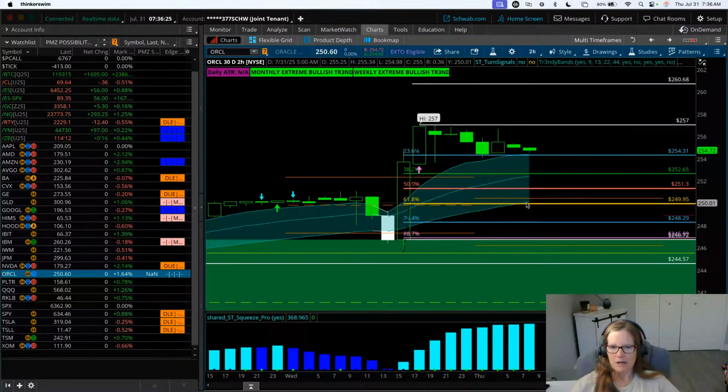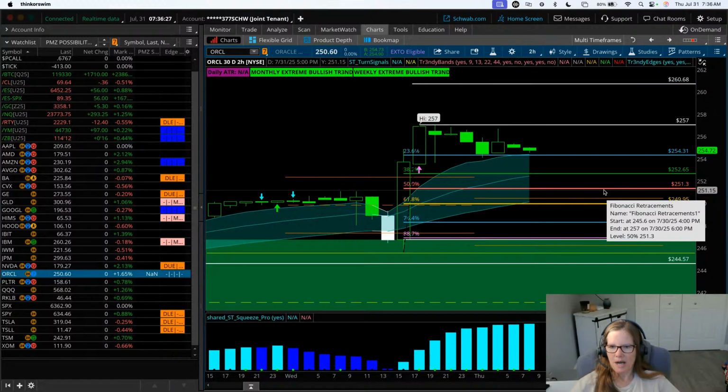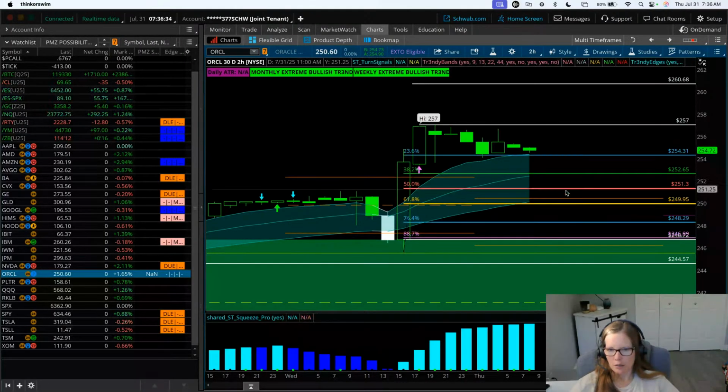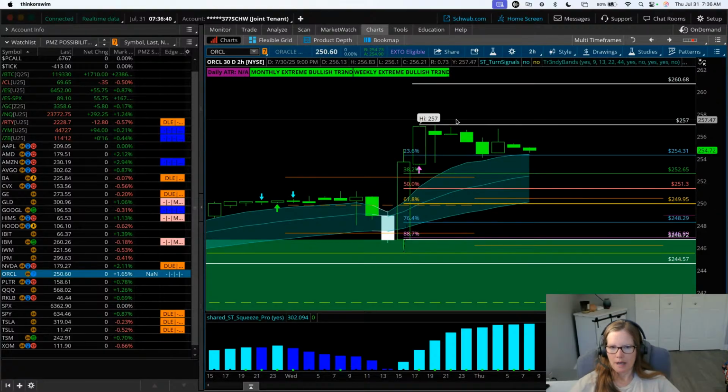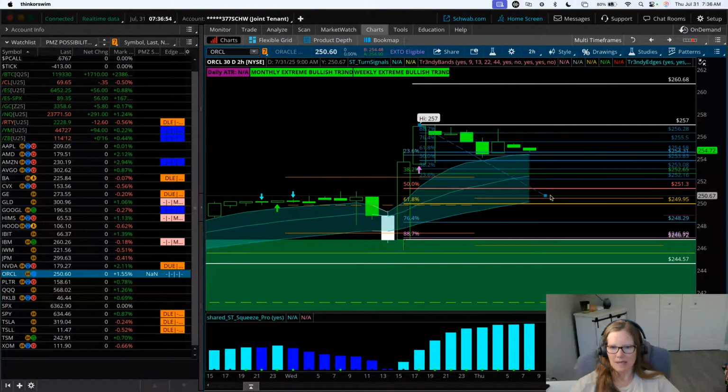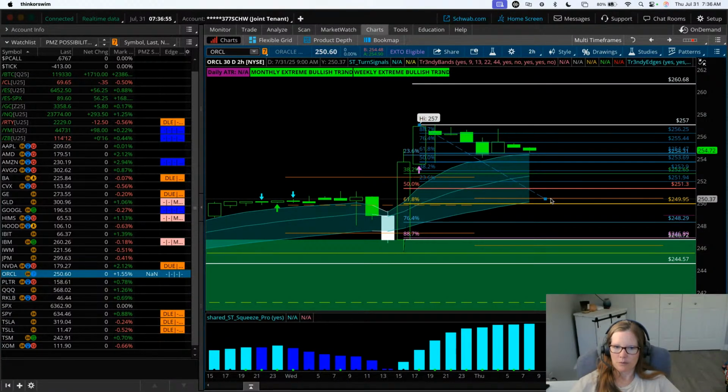Then down here, if I trade the golden pocket, you got a risk of about $1.40. And at that point, you would have lower trim targets because price would have pulled all the way back to here, about $3 or $4. And I would run fibs and then trim at the 38.2 and the 618 on the way back up to 257. So if I run those fibs ahead of time, that's going to give me an idea of risk to reward.